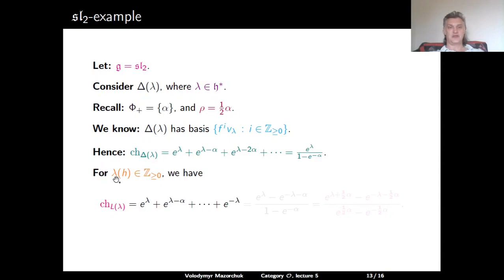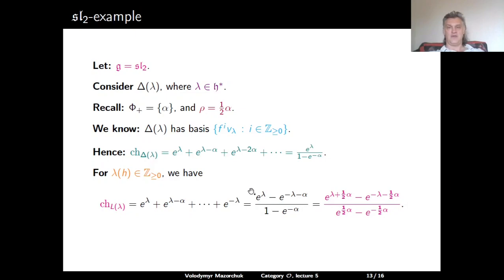And if the evaluation of lambda at the Cartan element h is a non-negative integer, then the character of the simple weight module L lambda is equal to the exponent of lambda plus the exponent of lambda minus alpha plus and so on plus the exponent of minus lambda, and this is equal to the exponent of lambda minus the exponent of minus lambda minus alpha divided by 1 minus the exponent of minus alpha.